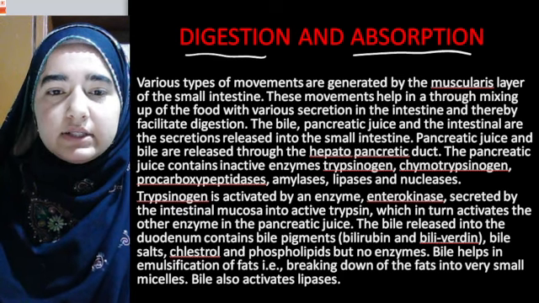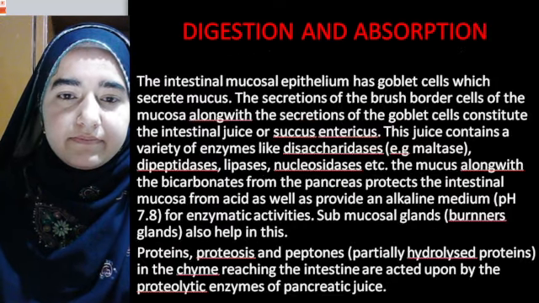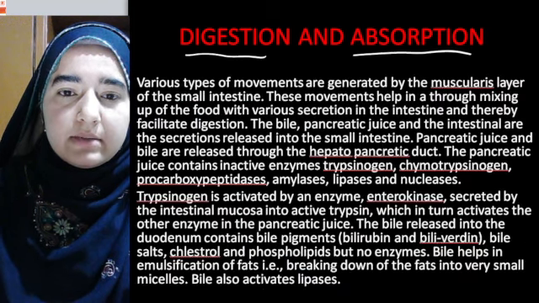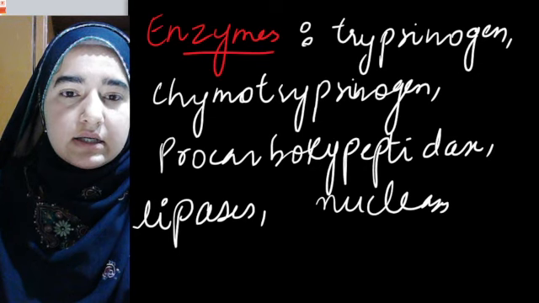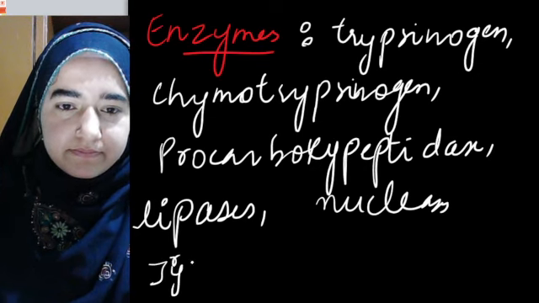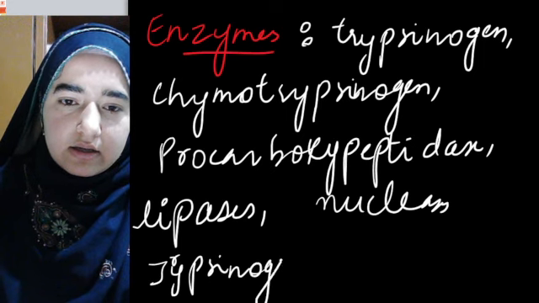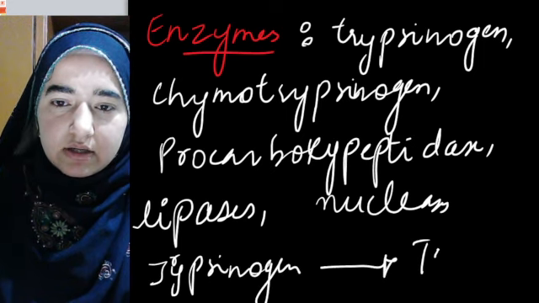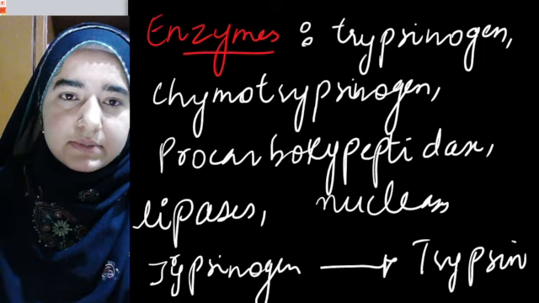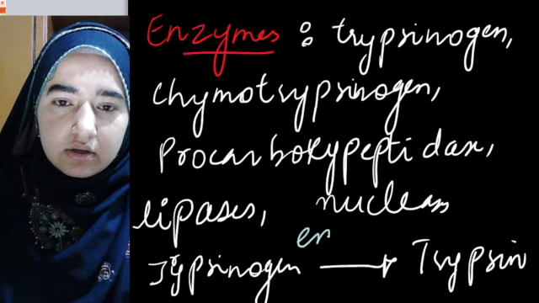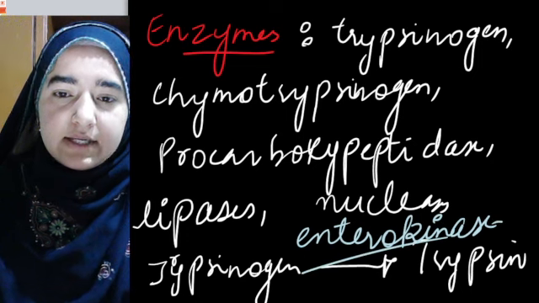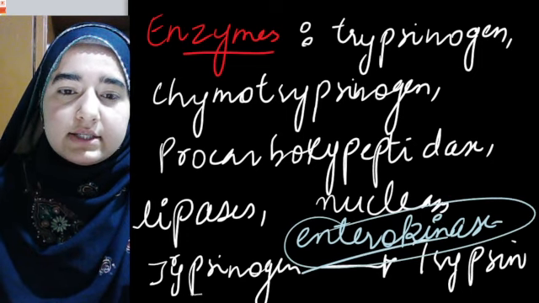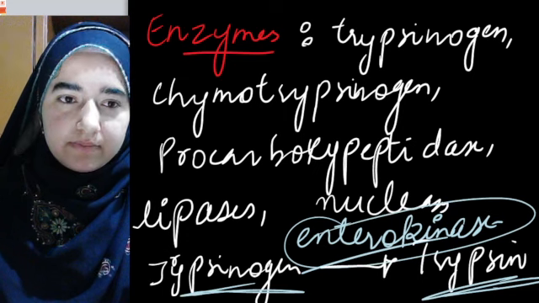Please remember that trypsinogen is activated by an enzyme and gets converted into trypsin through enterokinase.